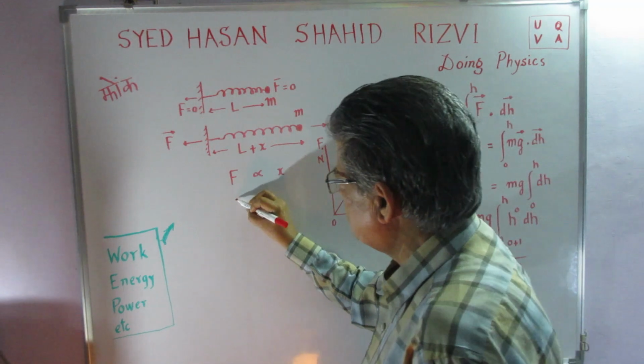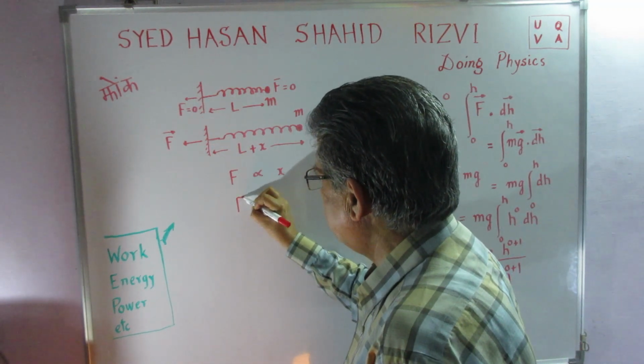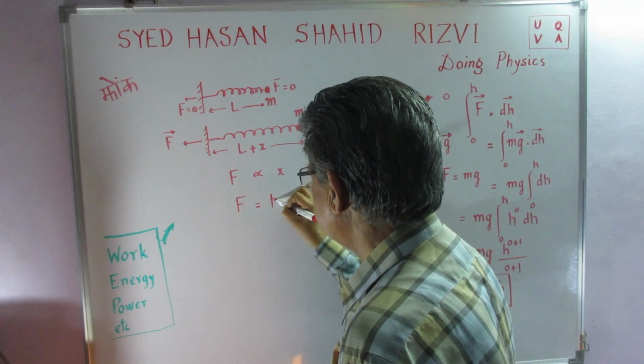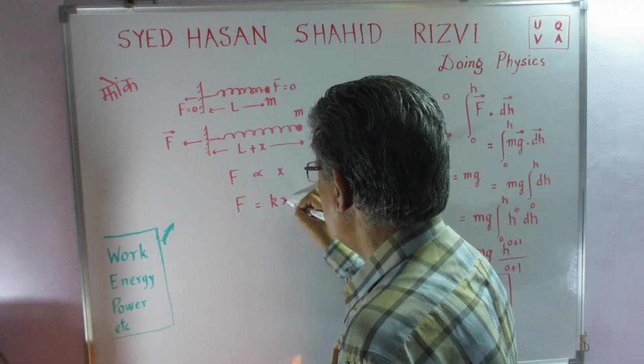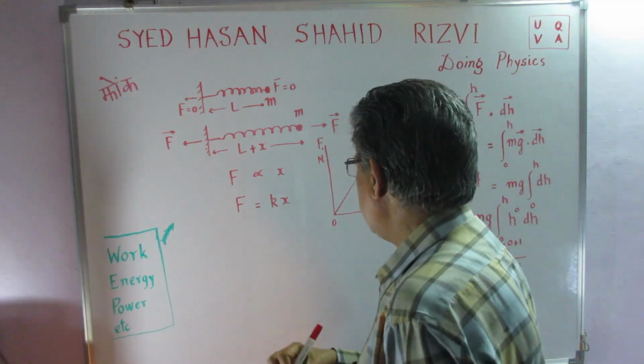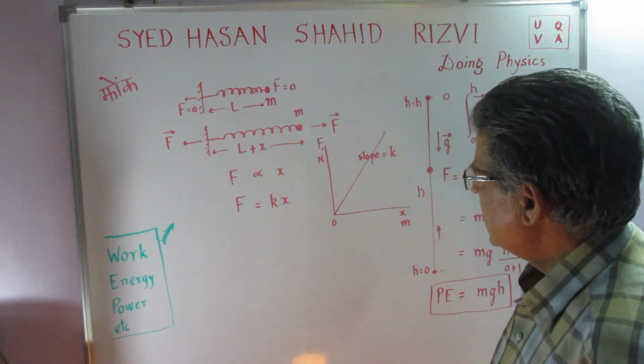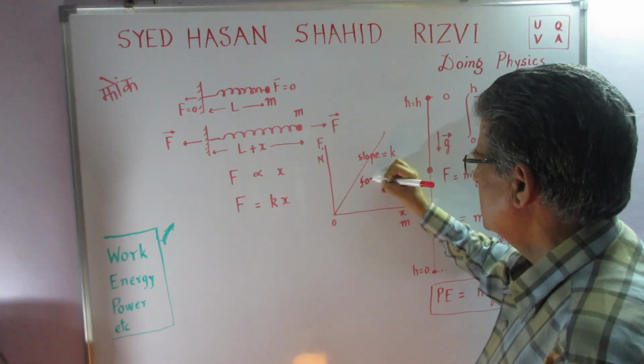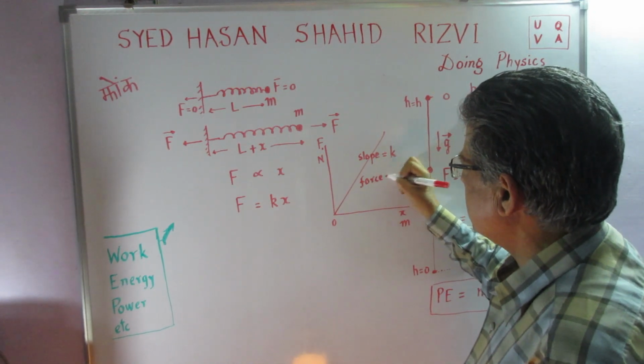F is proportional to x and F is equal to kx. F is equal to kx, and k is the force constant.